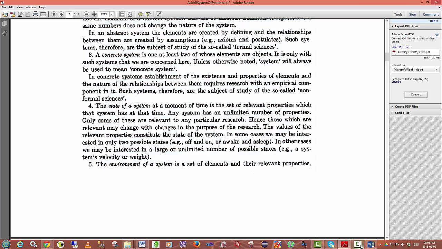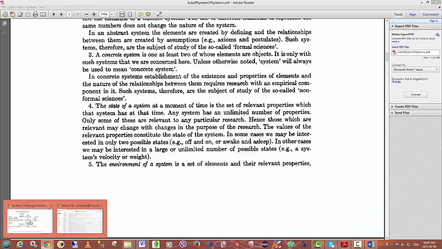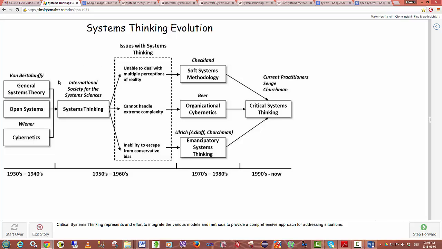If you go back to the view that we established earlier in terms of this evolution of systems thinking, then you will see that systems thinking evolved to deal with extreme complexity and also with multiple perceptions of reality. In other words, different perceptions or different views of a particular system are possible depending on what the goal of the system is and who is actually trying to model the system.